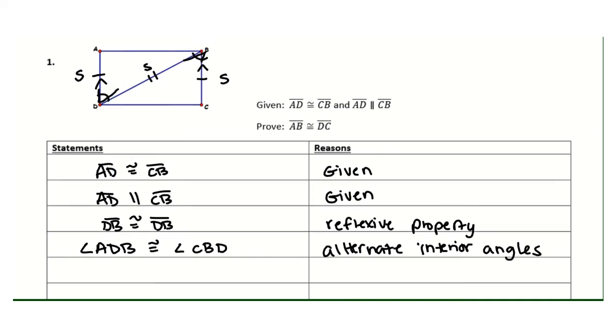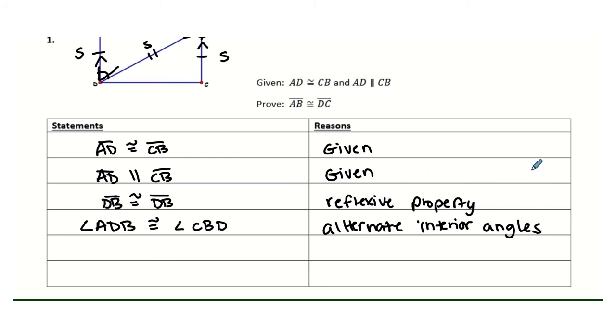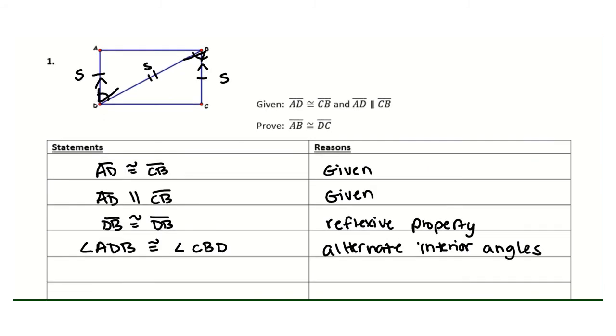So now I can say that, let's see, triangle ADB is congruent to triangle. Now let's make sure we do this in the right order. C, and then we did the angle, so B and D. Let's see.